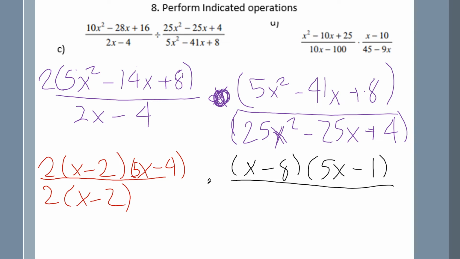All right. Now we have to focus on the denominator. Let's go factor that and get that together. I have 25x squared, doing my A times C. So 25 times 4, and that's a positive 4.